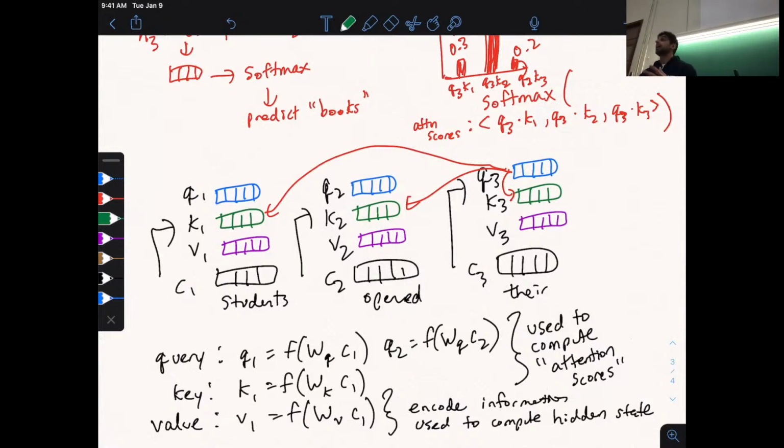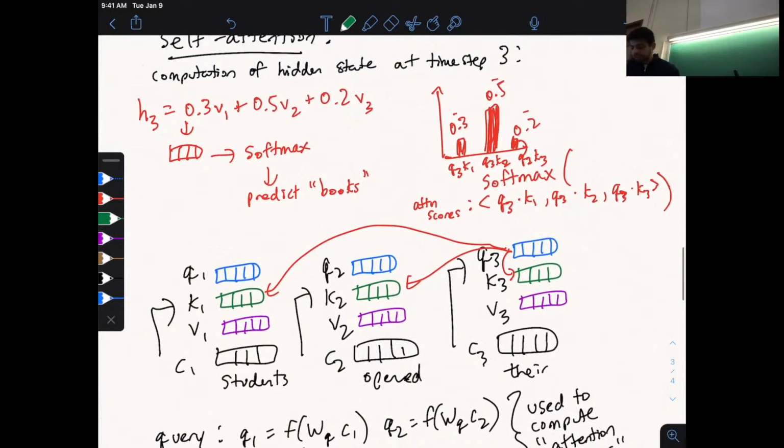It's certainly capable of learning all of these things and encoding some notion of where in the sequence am I right now and how many words have I seen before. But if you look at this computation here, no part of this has anything to do with the order of these words, right? I'm taking these dot products independently of the other words, and if C1, C2, C3 were in a completely different order, this hidden state would be the same, right?